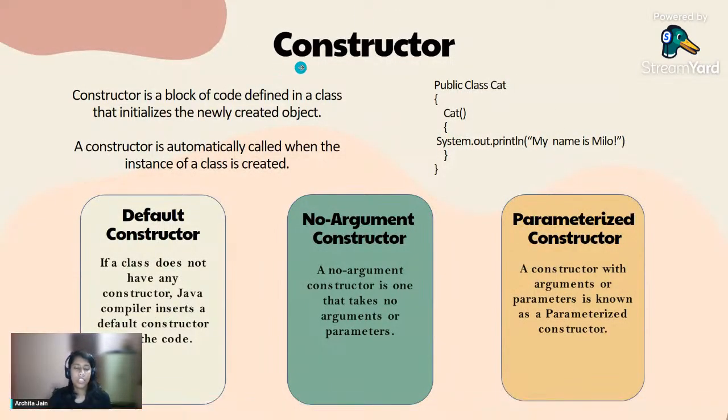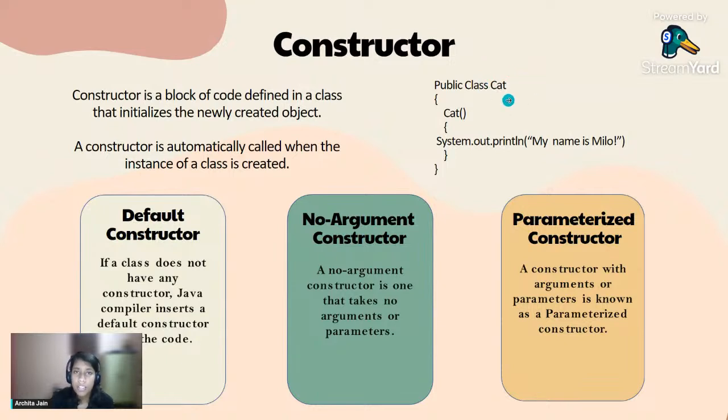Now, constructor. A constructor is basically a method that is automatically invoked whenever we make an object of a class. The syntax is just like this. We are initializing a class that is named Cat, right?